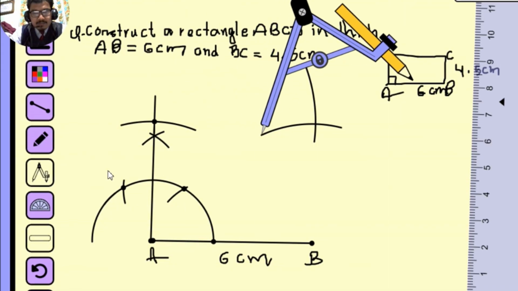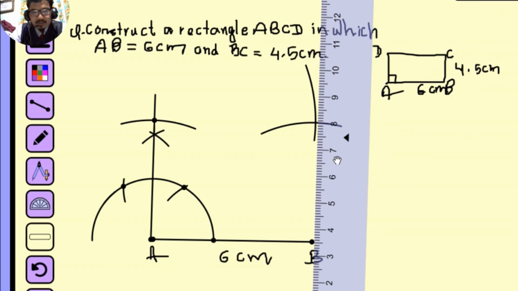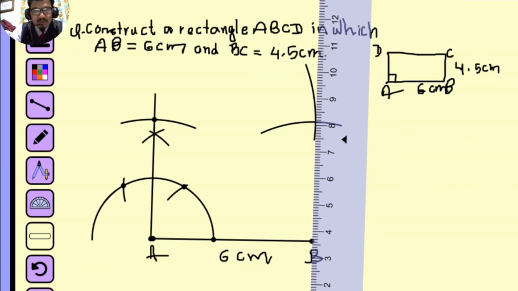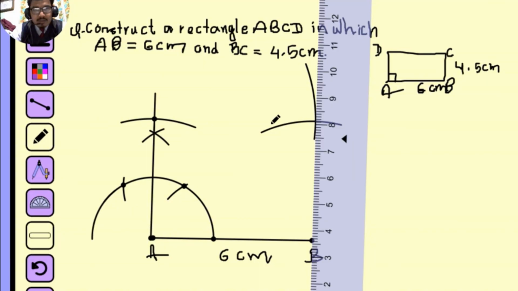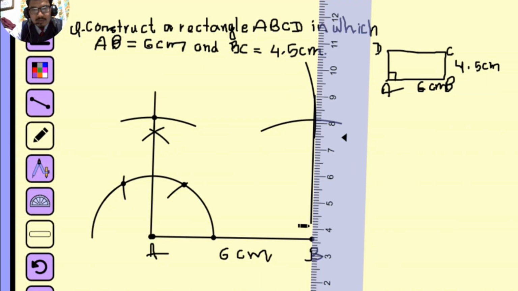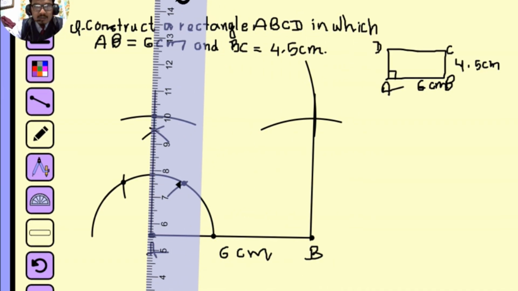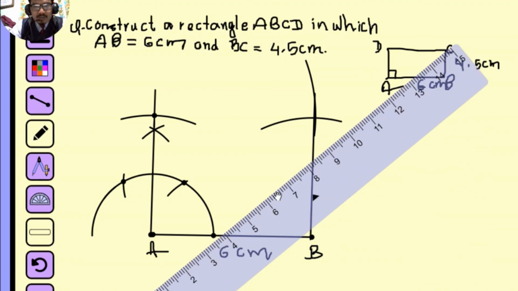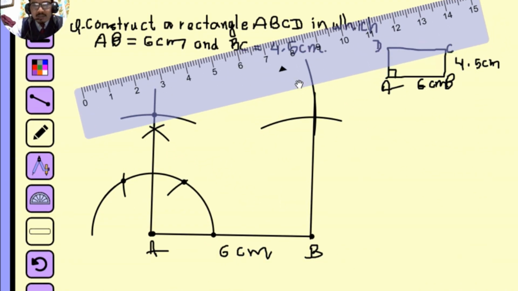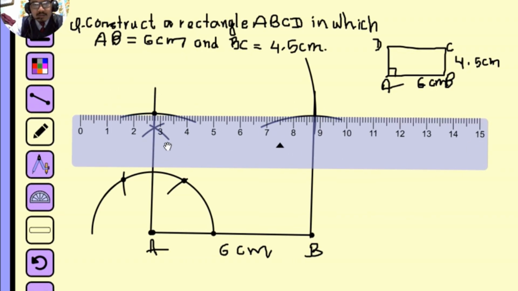Now we have to join this point, look here, and this point, join here with the help of a ruler and connect this one, like this. And then now let's join the upper one also, like this.